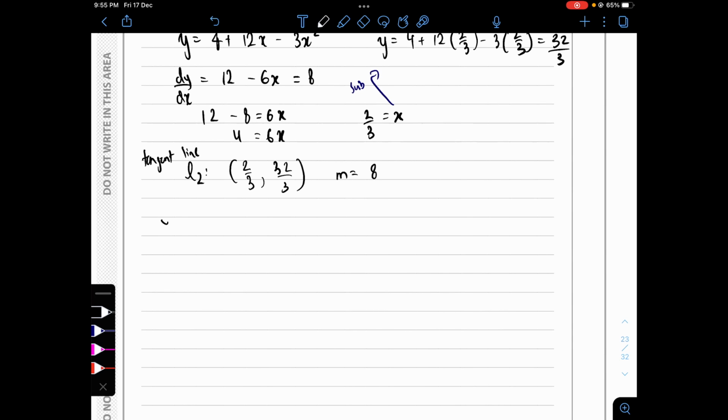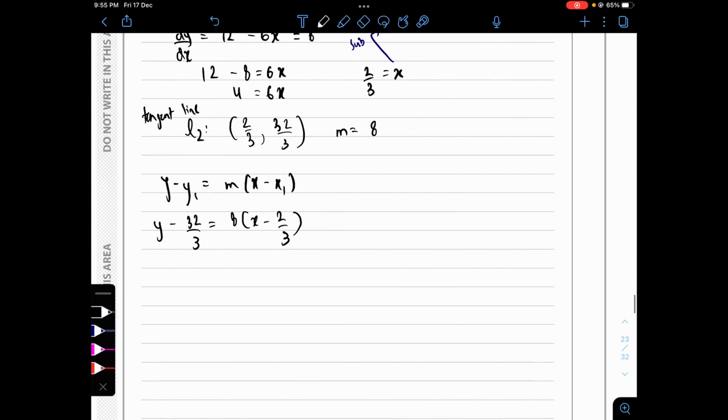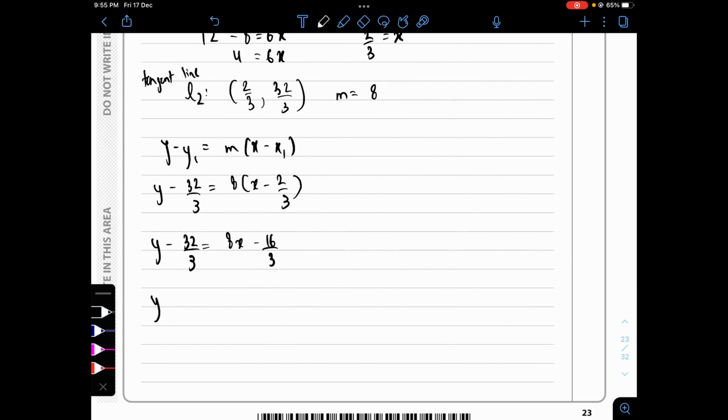So same thing again: y minus y1 equals m(x minus x1). Substitute, so y minus 32 over 3 equals 8(x minus 2 over 3). That'll be y minus 32 over 3 equals 8x minus 16 over 3. So y equals 8x, and we add 32 over 3, so 32 minus 16 is 16, so plus 16 over 3.